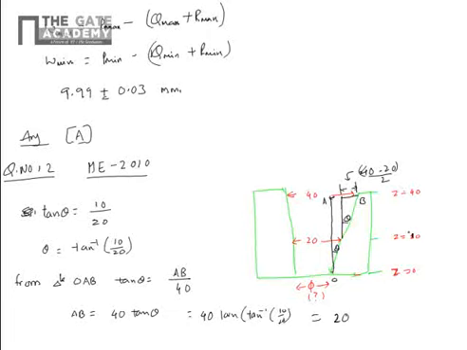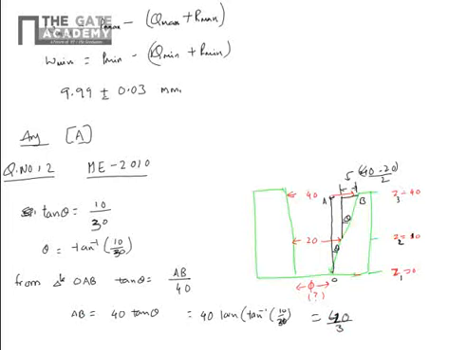Small correction, here it is z1 is 10, z1, z2, z3. So z2 is 10, not 20. So our formula will change as 30. So this value is 40 by 3. That is AB.